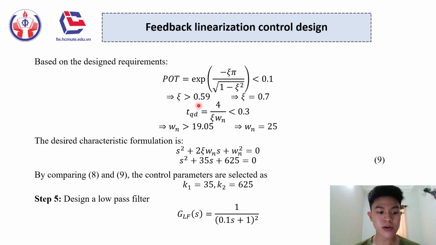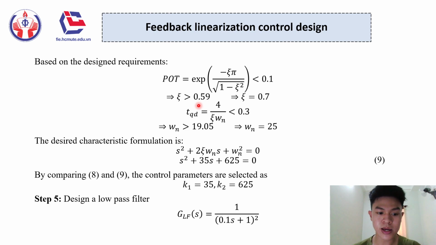Now the desired characteristic equation is s squared plus 2 times the damping coefficient times Wn s plus Wn squared equals 0, and it will equal s squared plus 35s plus 625 equals 0.